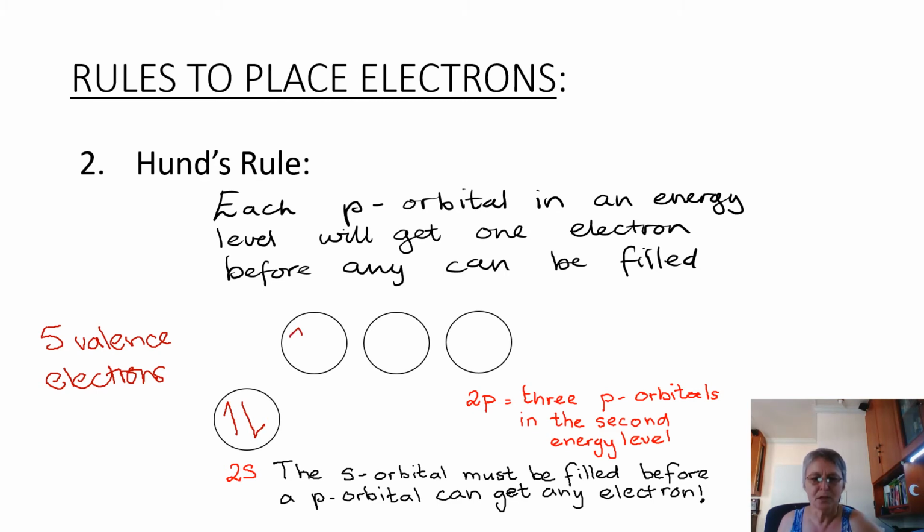Then the p orbitals will each get 1 electron before they can get a second electron. Okay, so there we have 3 half-filled 2p orbitals.